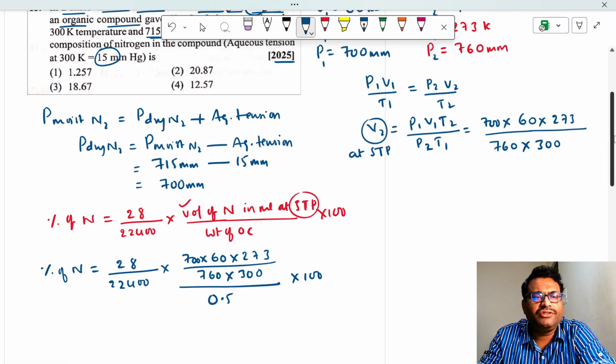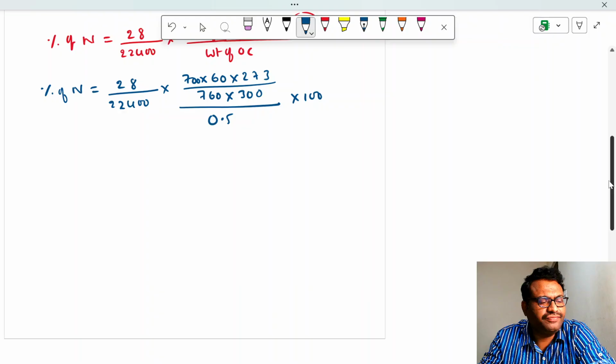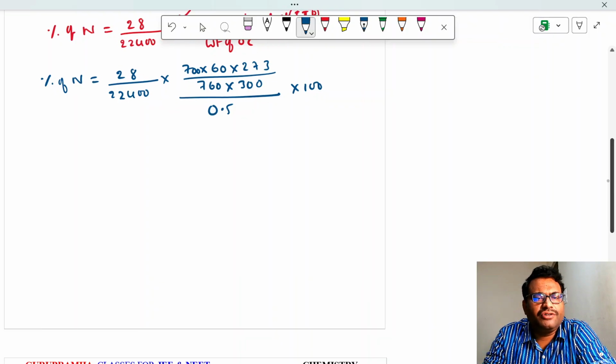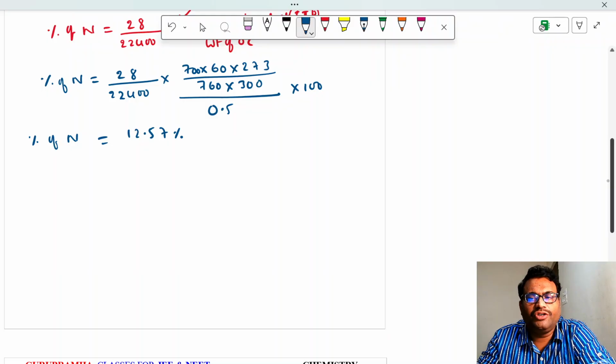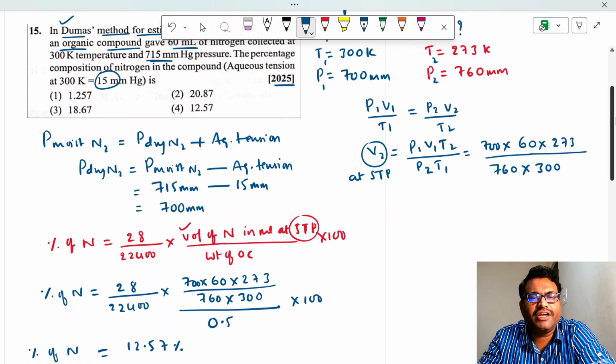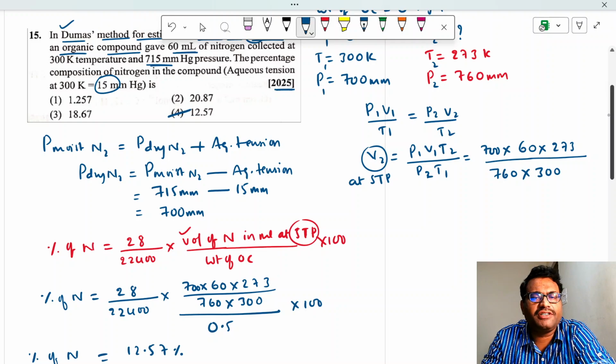Then on calculation you will get 12.57%. Do we have that option? Yes, we have that option, 12.5%.